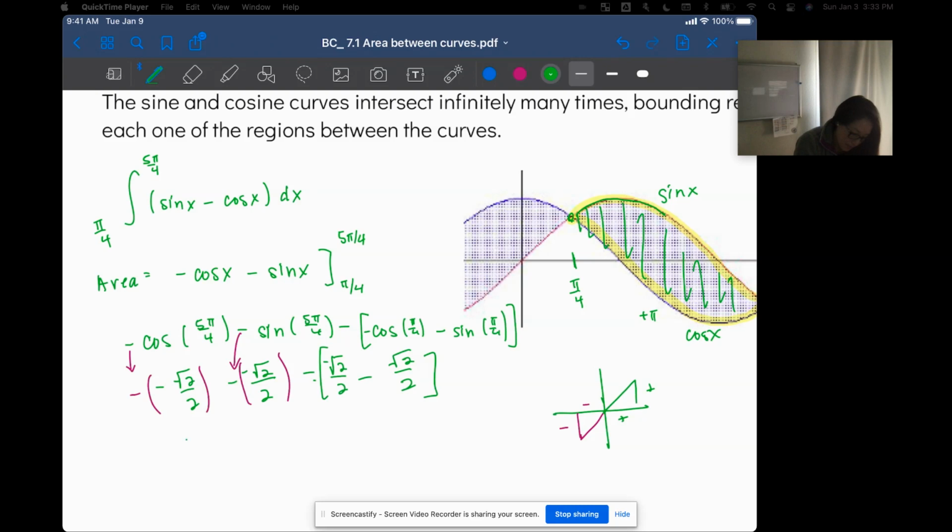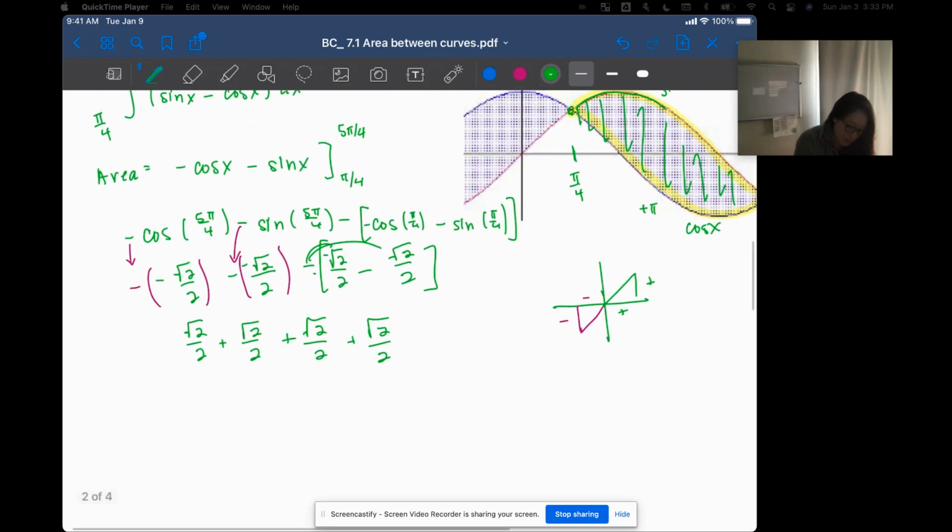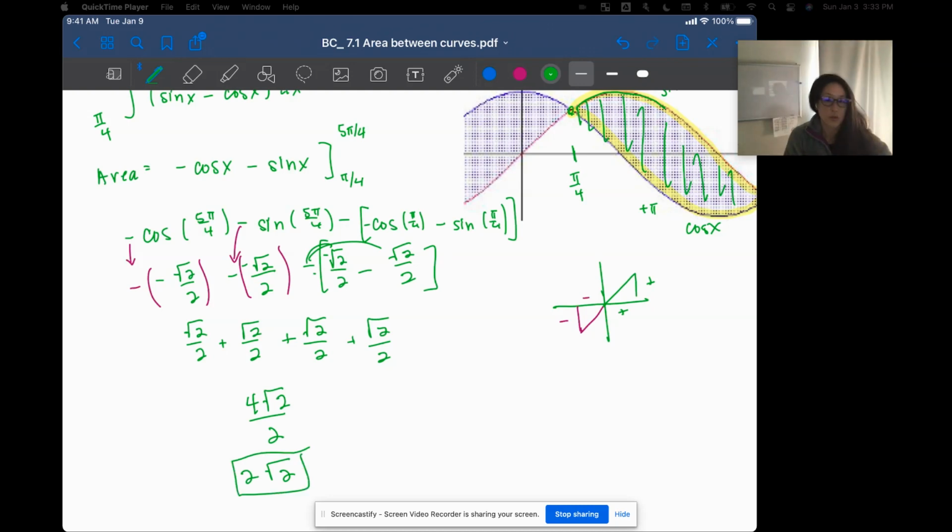So I get positive root 2 over 2 plus positive root 2 over 2. And then I'm going to distribute, giving me plus positive root 2 over 2 plus positive root 2 over 2. And I just add up all the ones. So I get 4 root 2 over 2, which is equal to 2 times the square root of 2.